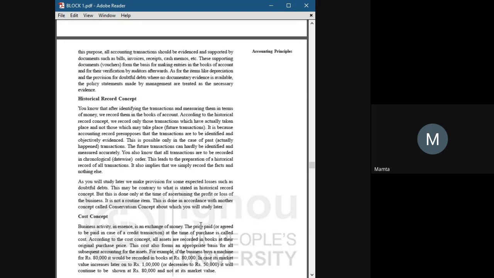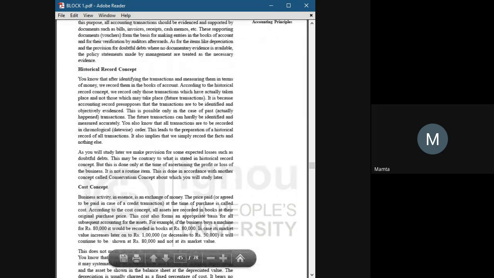You won't record that immediately, until you complete that order and sell it to that person. So the historical record concept is saying that we do not record an entry before it happens. Only record what has happened, and if the transaction didn't take place, do not record it.